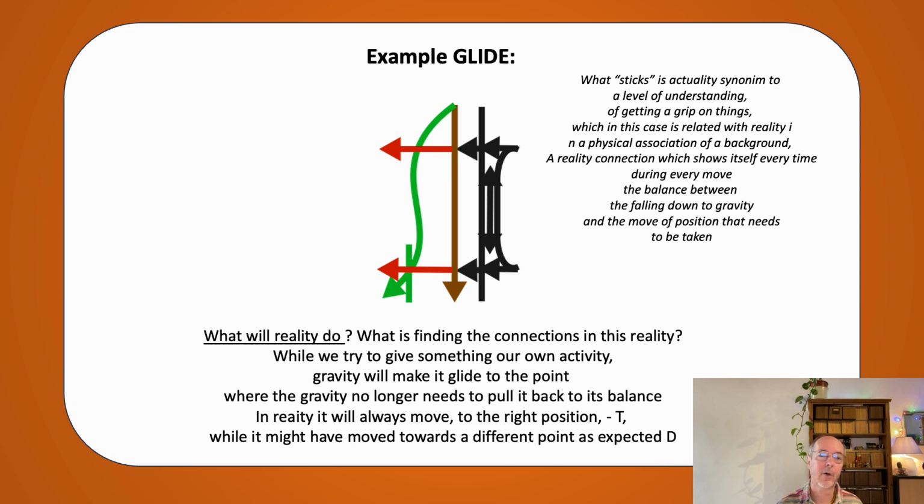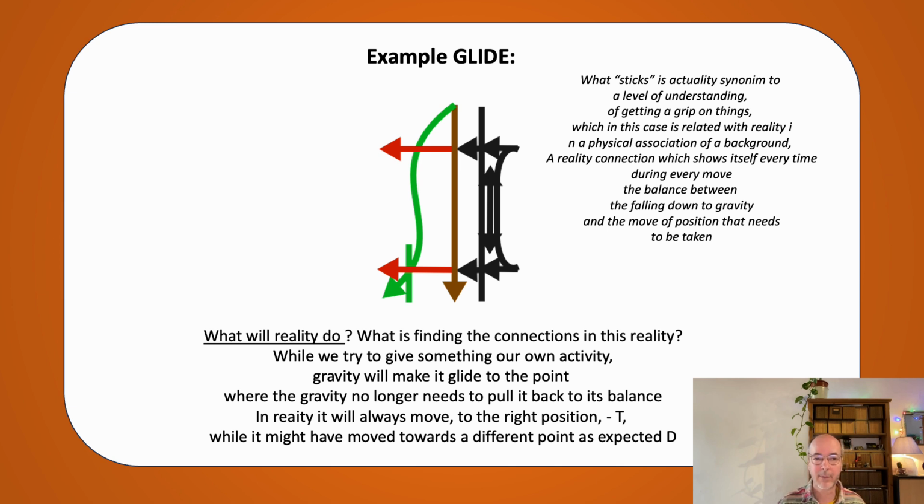But anyhow, everything what sticks can be seen from another level as well. This is physical. So it sticks there. It will move from a position, and then the gravity will take in, and it will glide as the gravity has an effect all the time.